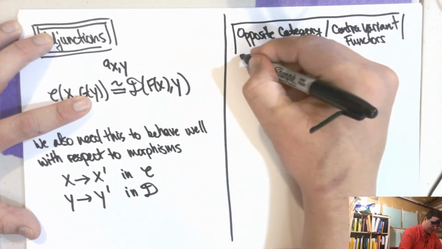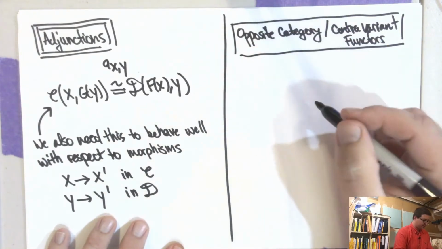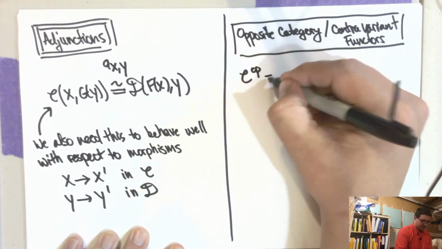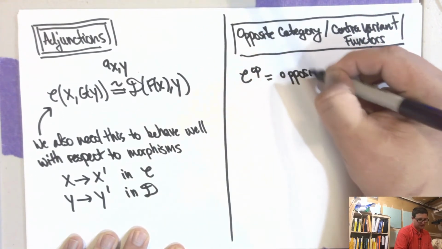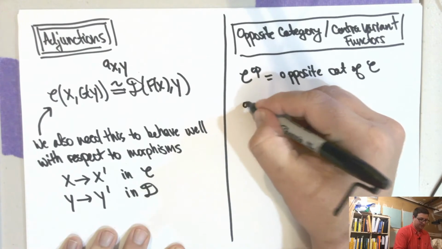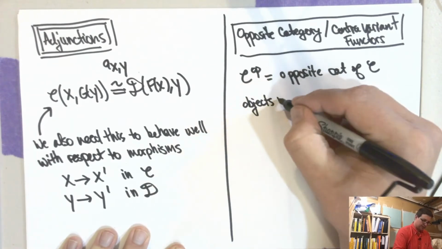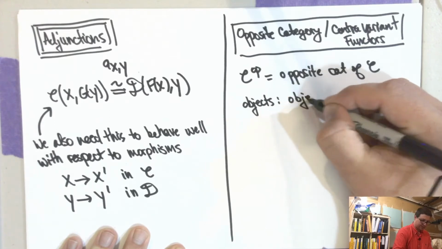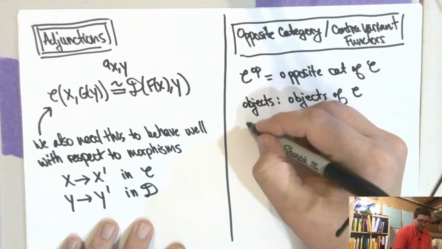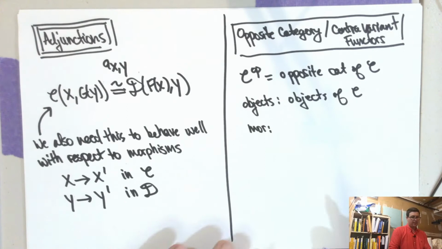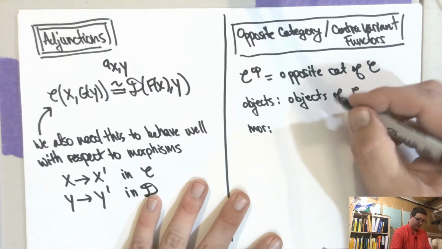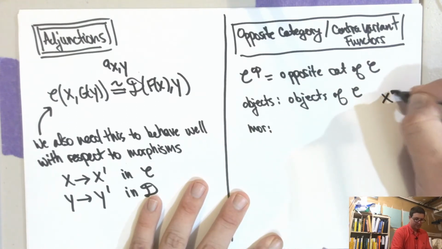Okay, so I'm going to tell you what a new category is. Given C as a category, you can define C op, the opposite category of C. The objects here are the same objects of C. And then a morphism in the opposite category: maybe we can color them, so we could call them x op if x is in there.